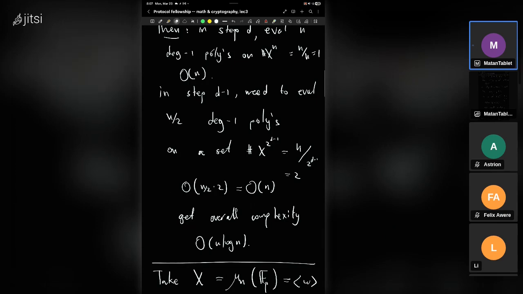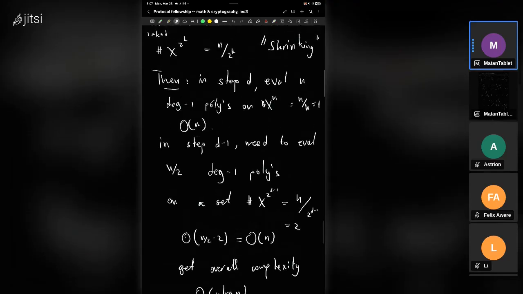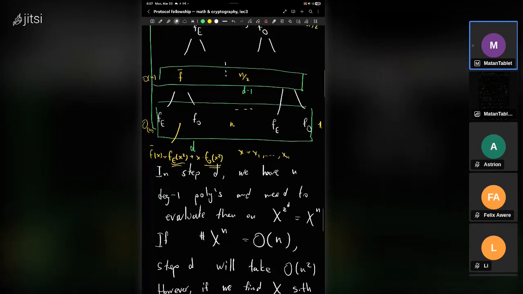So let's start with step D. I have n polynomials, Fe and Fo's. I call them by abuse of notation Fe and Fo, but if you write it nicely, you should distinguish the Fe and Fo's in each level and each branch. But in step D, I have n such polynomials, and I need to evaluate each of them on a set.